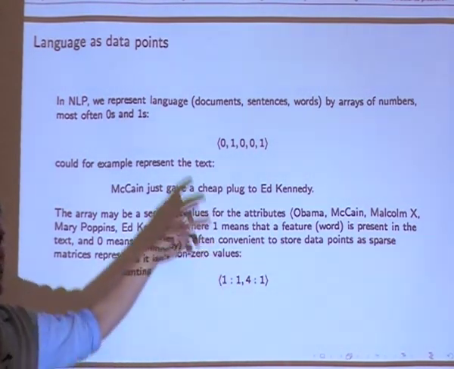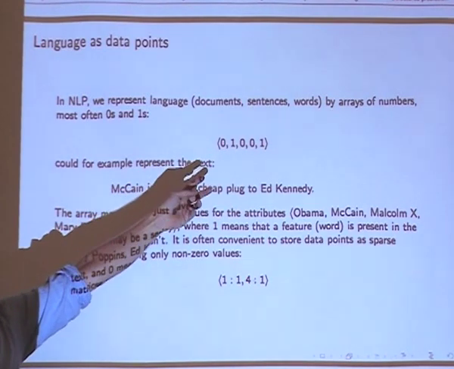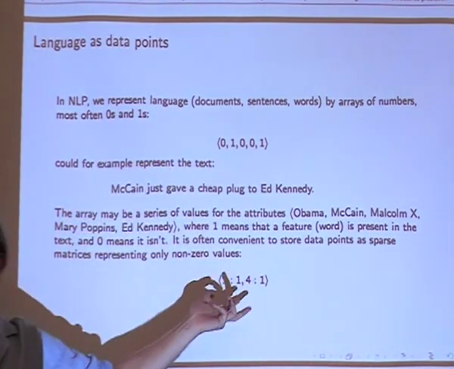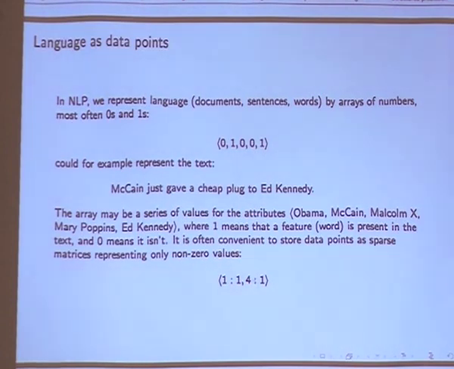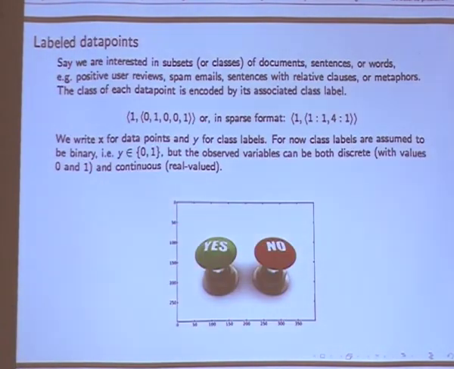So we represent the data points that we're interested in in NLP as either binary vectors or real valued vectors. In fact, in the running examples that I'm going to be talking about here, I'm going to be using a TF-IDF model, so they're going to be continuous valued variables. Then, in supervised NLP, we add labels to these data points, and that's what requires human effort. So, for example, we want to build a spam filter, we construct these binary vectors for all the emails, and we have some person sitting there saying, gee, that's spam, that's not spam, and so on.